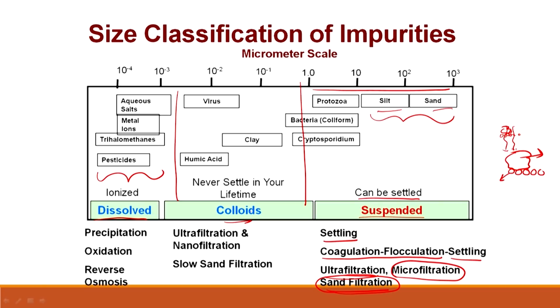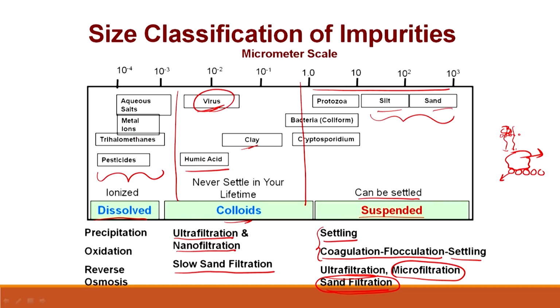With respect to smaller particles, as discussed earlier, we can't remove them by settling or coagulation and flocculation, but some kinds of ultrafiltration or filtration, ultra and nano filtration, and sometimes slow rate or slow sand filtration can remove them. We have organic content, typically humic acid or natural organic matter, and then some viruses, though I am not really sure with respect to viruses.